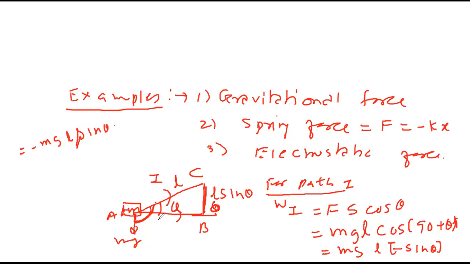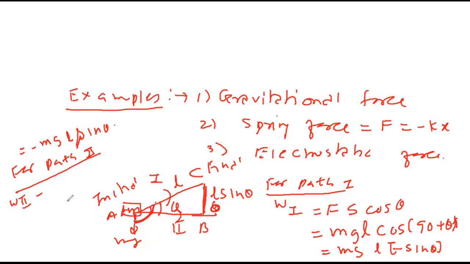Now for second path, let us check what will happen. That means I took A to B and then B to C. So initial and final position I have kept the same, path I have changed. So for path 2, work done is work done to move A to B plus work done to move B to C. What is work done to move A to B?